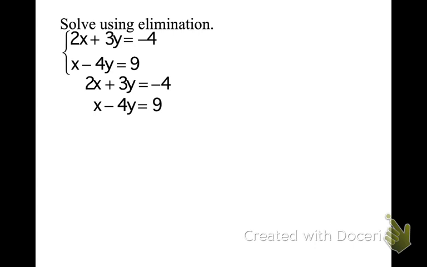David, which equation am I going to manipulate so one of the variables can become additive inverse? The second one. What am I going to multiply it by? By 2. Close. Not 1/2. Yes, Cameron? Negative 2.